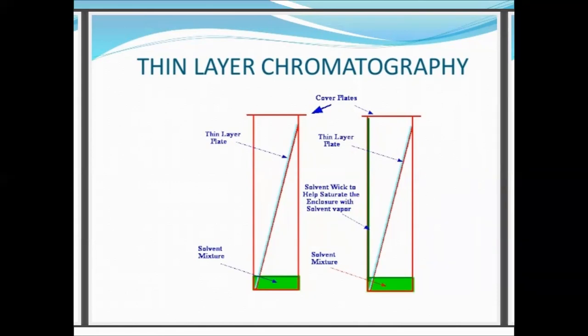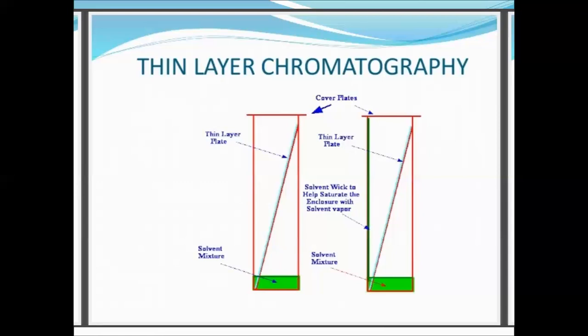First, you prepare the thin layer plates by applying a slurry of the adsorbent on the surface of a clean glass plate, and the sample is applied on the plates. Then you select the adsorbents and the solvents, and we use the locating agents after development of the chromatogram.